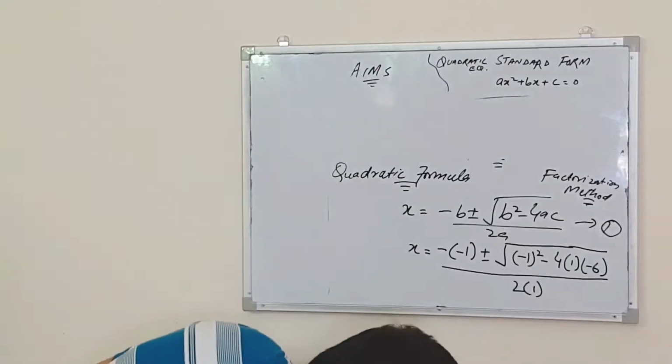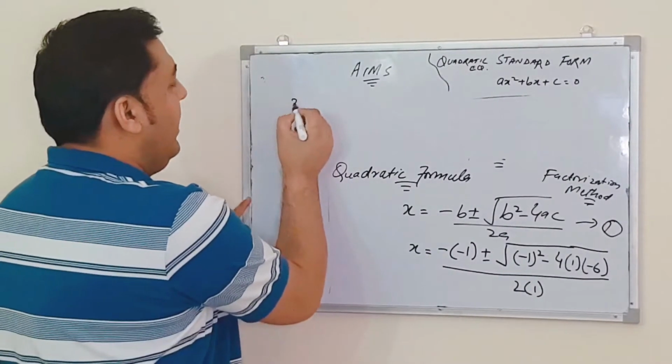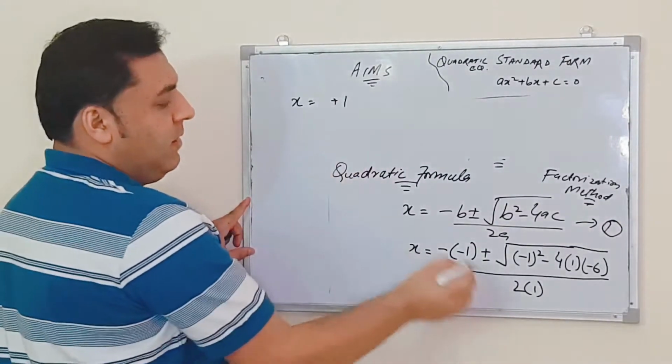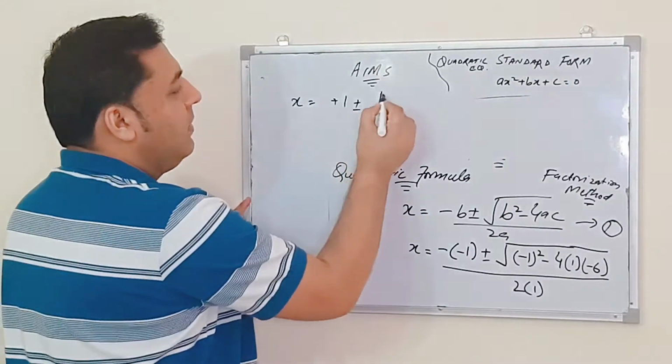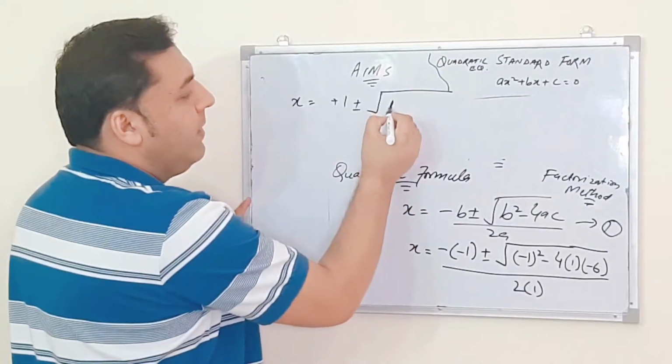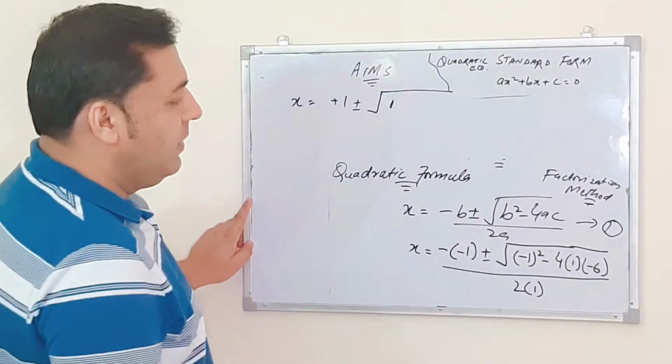So what do we get? x equal to minus into minus is plus, +1 plus minus the square root of b square, -1 square is 1, -1 into -1 is +1.